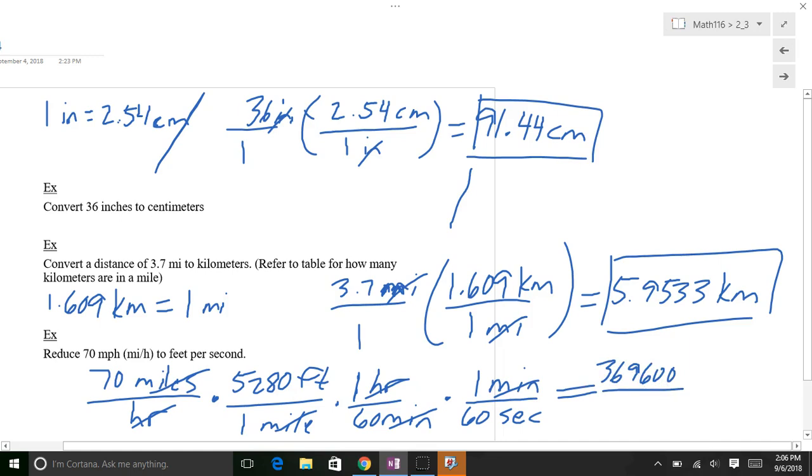Multiply the bottom and you get 1 times 1 times 60 times 60, which is 3,600. Remember, we're now in feet per second, which is what we wanted. Go ahead and do that division. We got 102.6 repeating feet per second.